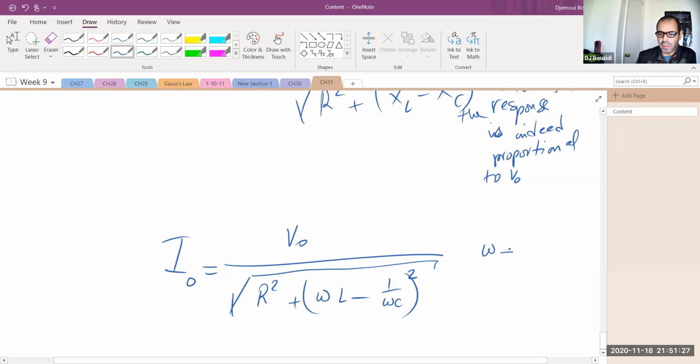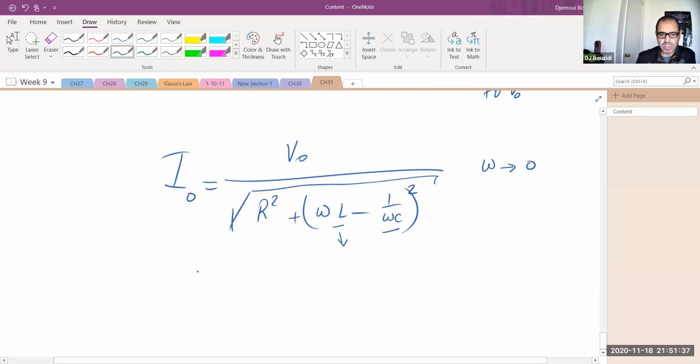When omega is super small, this term is 0, and this term dominates. So the expression in this case will give you a current that looks like this. I naught equals roughly, I'm taking the limits now, V naught over the square root of R squared plus, this is negligible because omega is super small. 1 over omega becomes big.